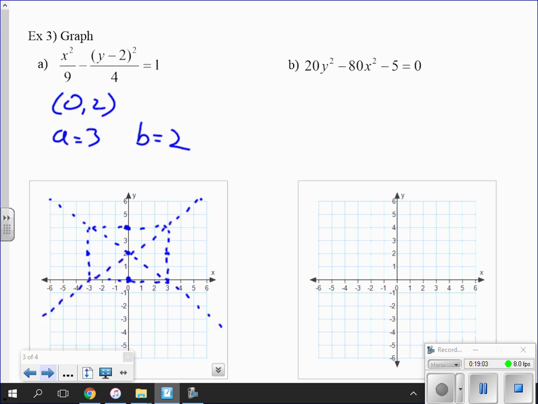The diagonals are your asymptotes for your curve. So this one, my vertex is here. This one, my vertex is here. There's my hyperbola.